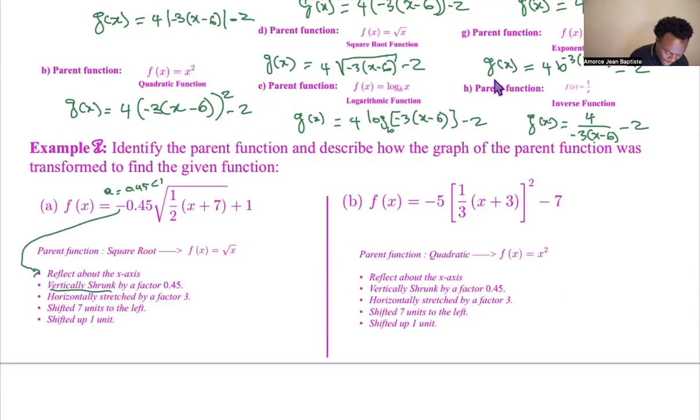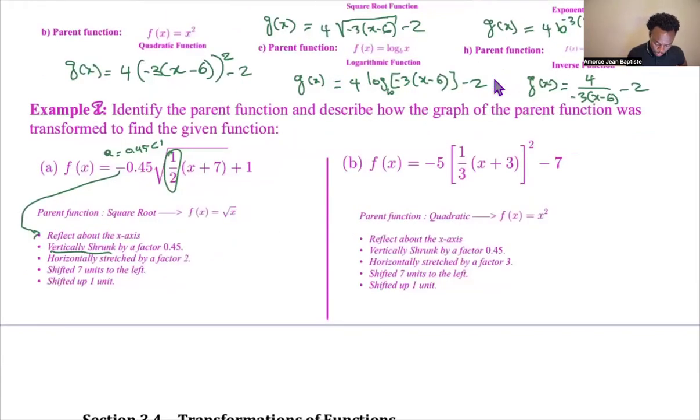Now let's go inside. That is B. B is less than 1. So we know that we have a stretch of a factor that should be 2. A stretch of a factor 2, because you need to take the reciprocal of 1/2.